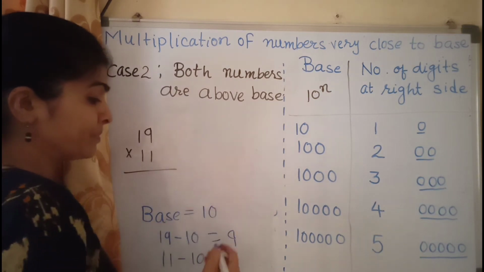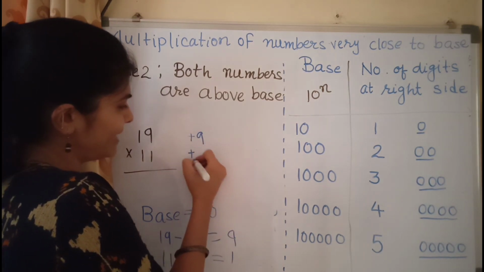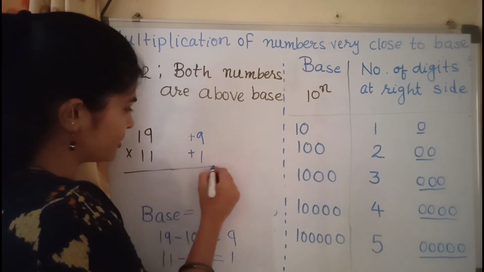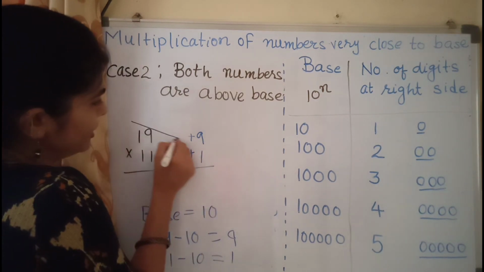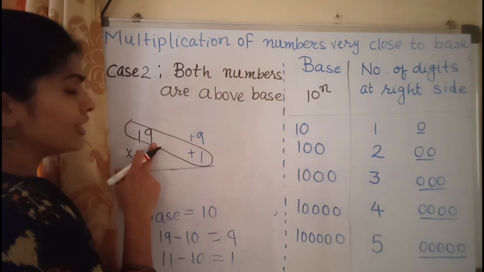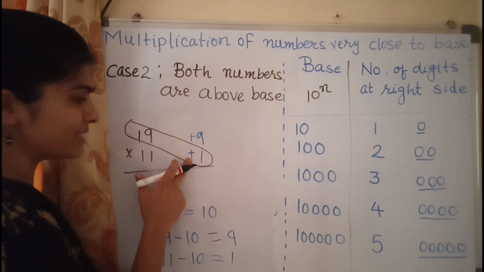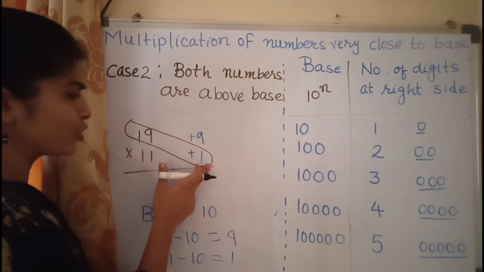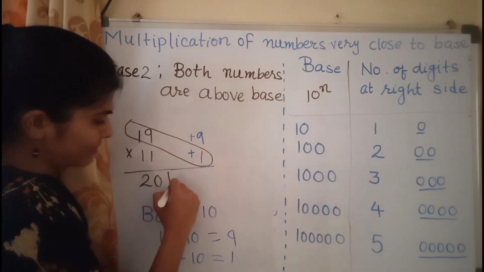Here both our numbers are positive, so you should write it with the sign plus 9 and plus 1. These are the deviations, right? Now next step is, as we did in the previous, we need to do the arithmetic operation of addition or subtraction. Here you can see that 19 is positive. This one is also positive. It means here the sign is plus. So you should add both of them. 19 plus 1 is 20. So here I should write 20.